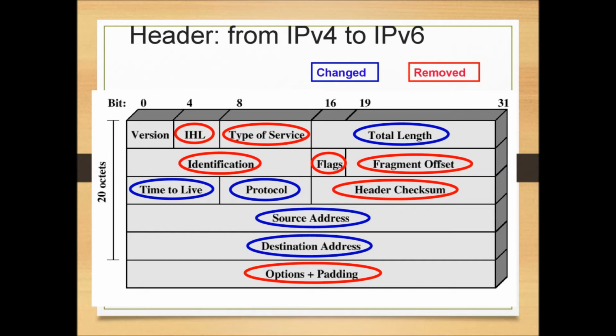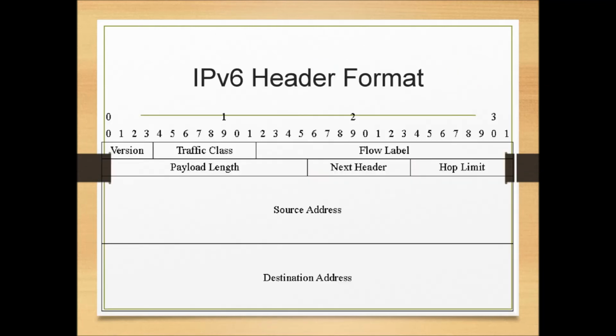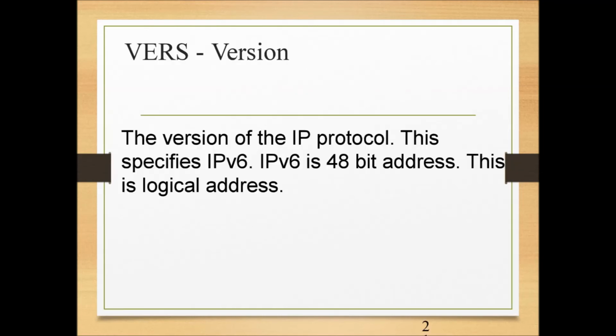In the previous one that was version IPv4, and over here the version will be IPv6. So this is a very simple IPv6 header format. When we compare the IPv6 header to the IPv4 header, the IPv4 header was very complex and the IPv6 header format is very simple. The different fields of the IPv6 header format will be discussed in the coming slides.